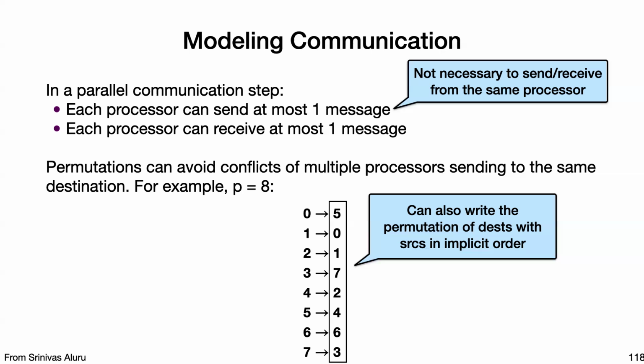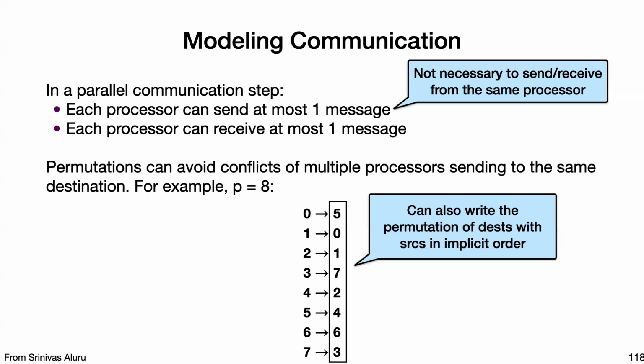Sometimes when we write the permutations, we can omit the sources because the sources are always in order, like 0, 1, 2, up to p minus 1. The destinations are wherever the source is sending to. So this is an example of a permutation. Processor 0 sends to processor 5, processor 1 sends to processor 0, and so on.